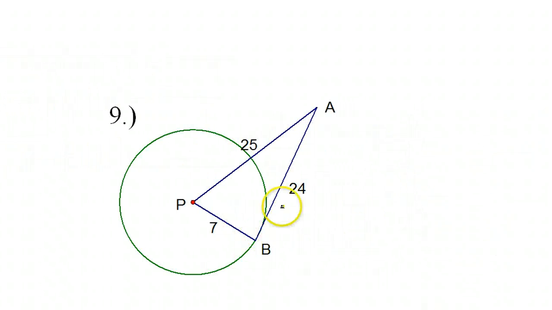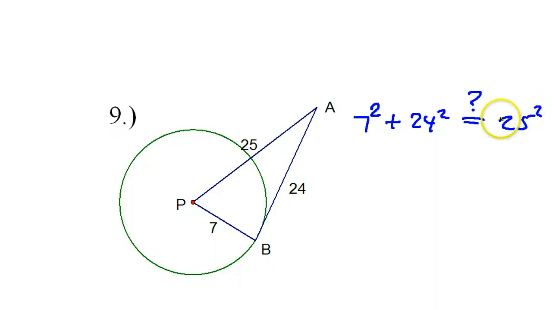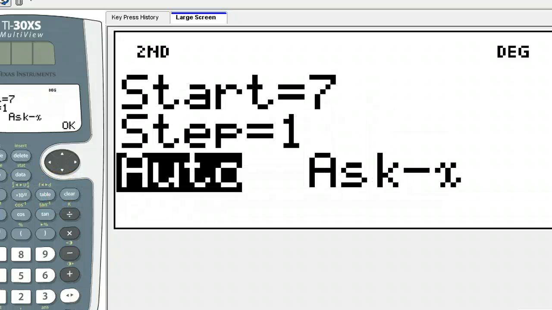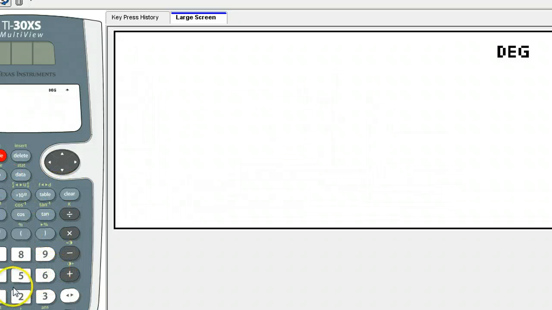For number 9, again, we're checking to see, is this 90 degrees? So if so, this should be a right triangle and the Pythagorean theorem should hold. So let's check 7 squared plus 24 squared and see, is that equal to 25 squared?